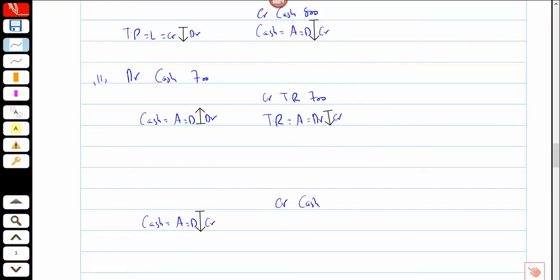Any transaction involving cash is very easy. And then what happens to the loan? Loan is a liability. Liabilities are credits. It decreases. Decrease of a liability is a debit. Yeah? So debit loan. Okay? The amount is 2,000.